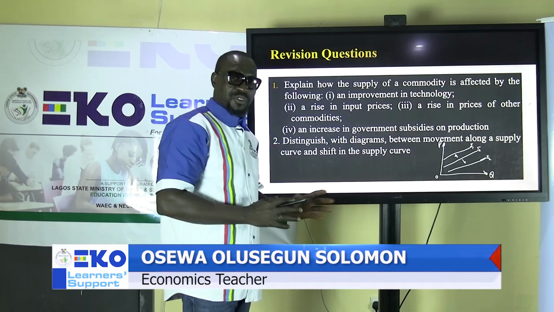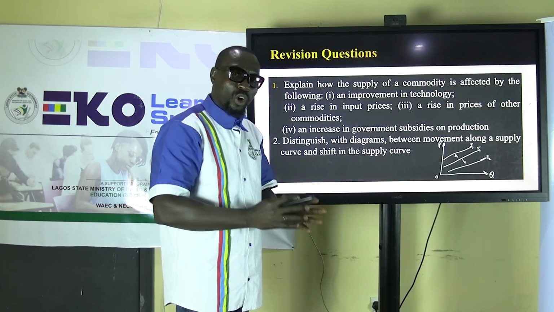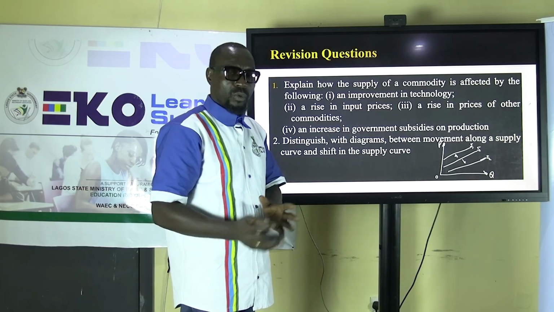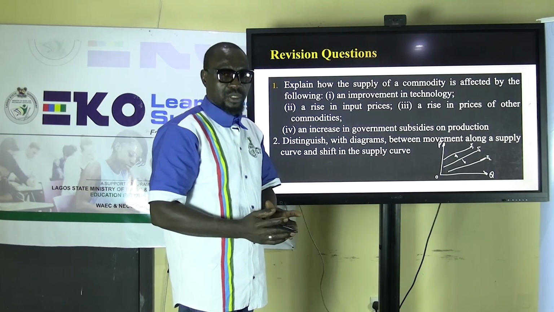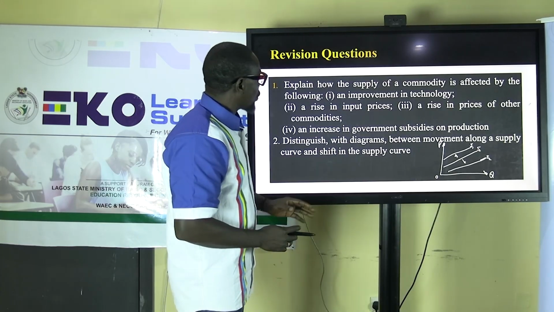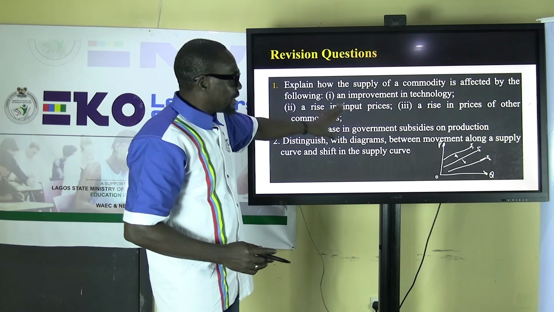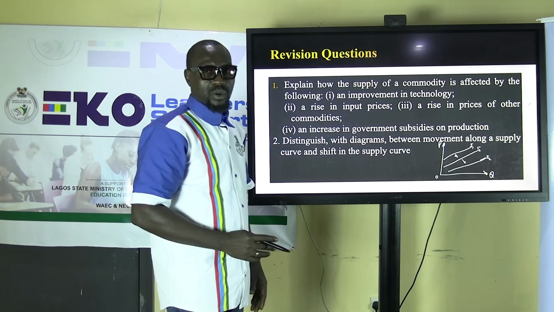But for the shift of the supply curve, this happens as a result of other factors, 1, 2, 3, or more, not related to price. So the factors mentioned in question 1, for example, can lead to shifts in the supply curve.